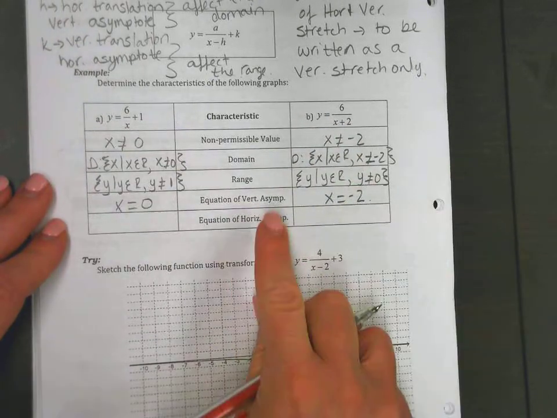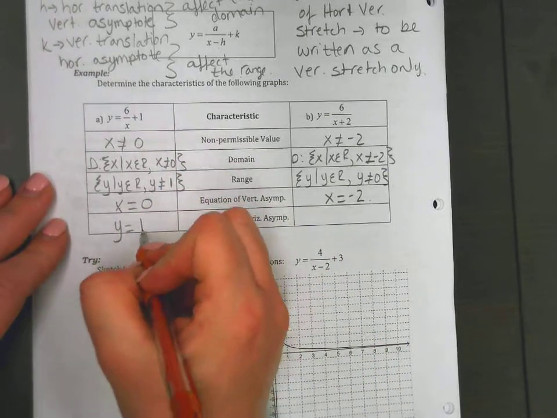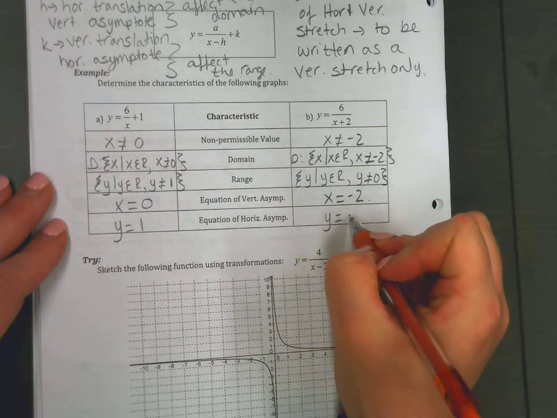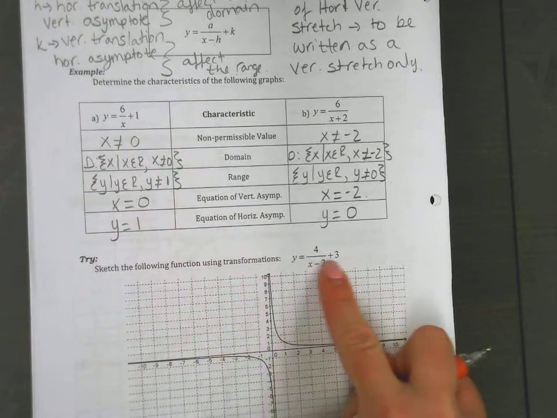Okay. So sketch the following function using transformations. The first transformation I'm going to apply is a vertical stretch by a factor of 4. So really our transformations aren't any different than any other function.